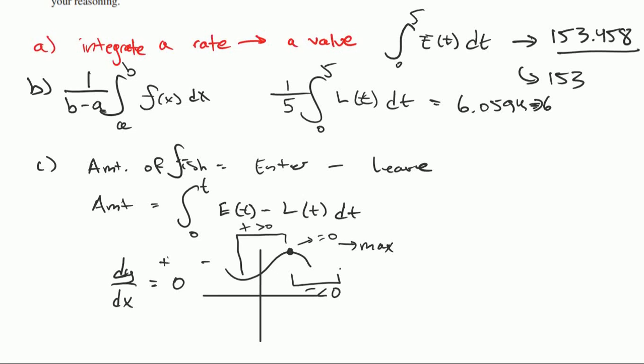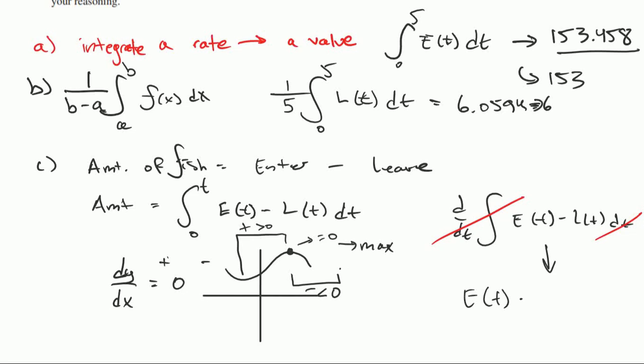Now, I could take the derivative of the integral of E of t minus L of t dt, but this seems kind of silly. In reality, we can just cancel these operations out and set E of t minus L of t equal to 0.